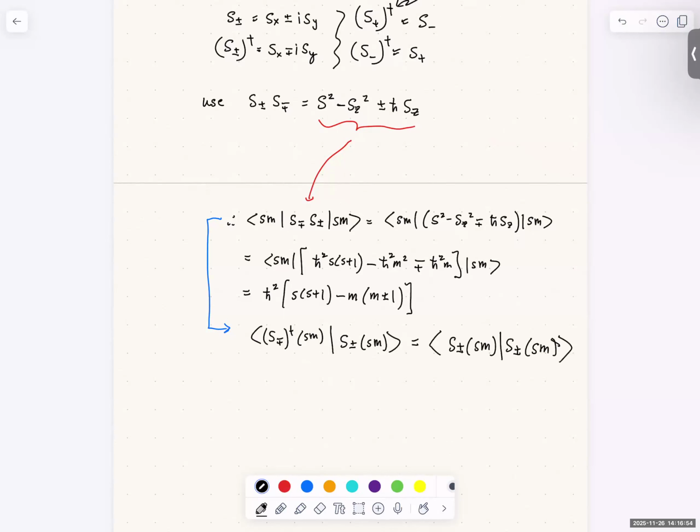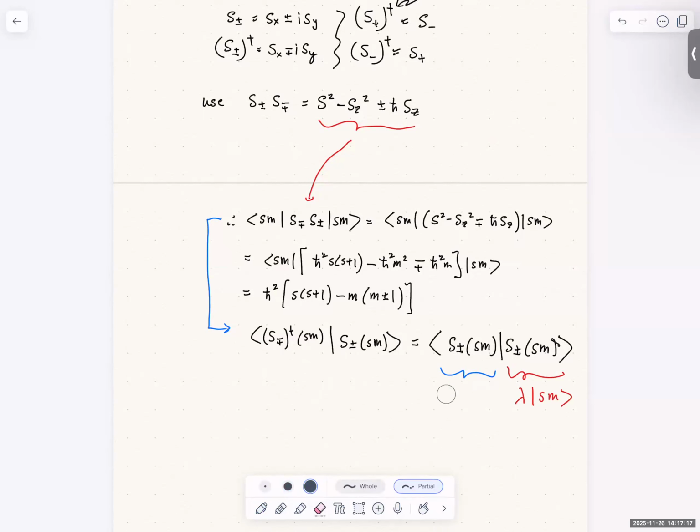So this is going to give me lambda, whatever the eigenvalue is, times the state Sm again. And then this one will give us the same thing. Maybe it's a lambda star Sm. Sorry, I got that wrong.